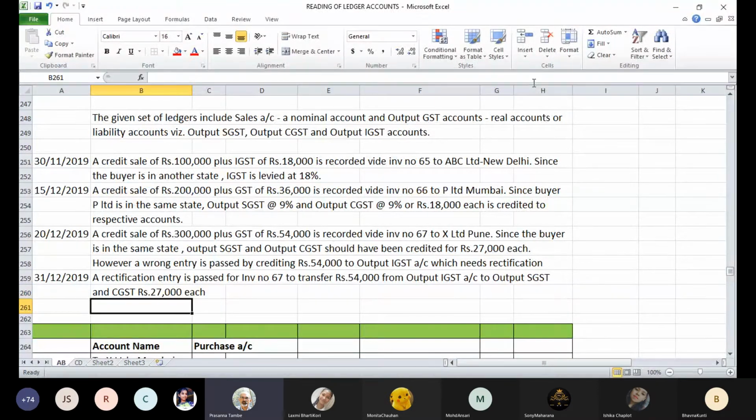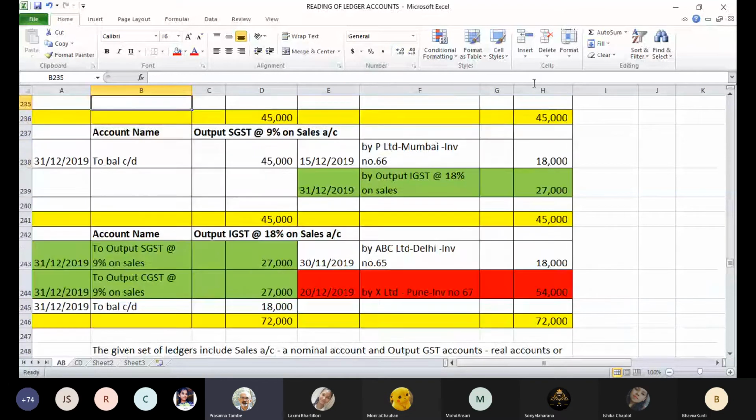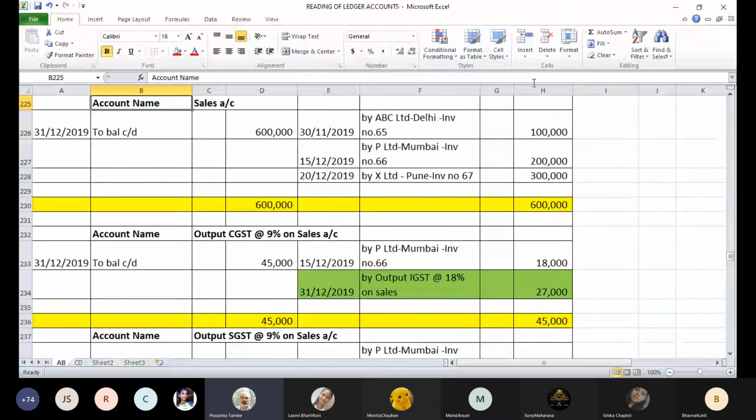So whatever correction was required has been already carried out on 31st December. After the accounts were scrutinized, this particular mistake must have been picked up, must have been noted by the accountant, and so appropriate entry is passed for rectification on 31st of December 2019. I hope everybody has followed this entry, and then on 31st December, necessary balances are carried forward.